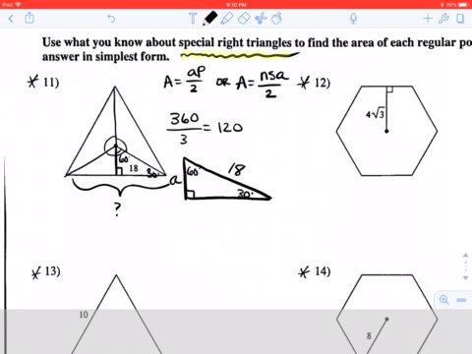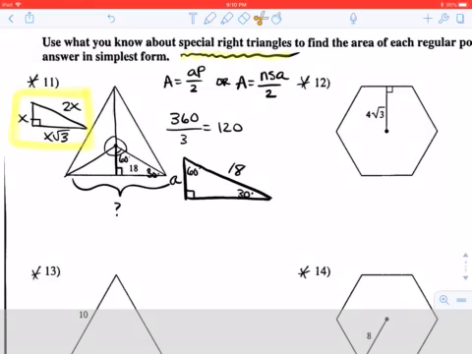So we're going to need the long leg as well. If you remember the rules for 30, 60, 90, short leg is x, the hypotenuse is twice that, and the long leg is x square root 3. You need to know this. If you do not, you will not do well on life. Just kidding. I'm not kidding.